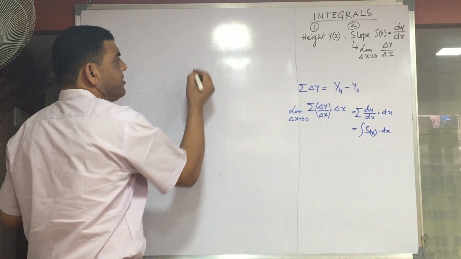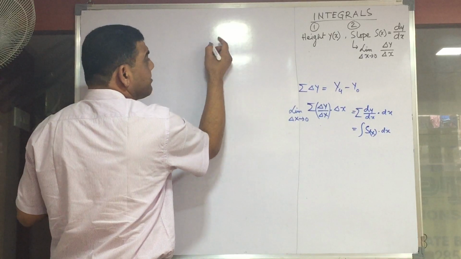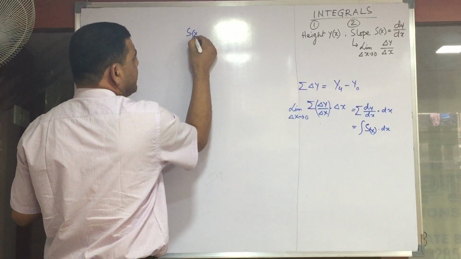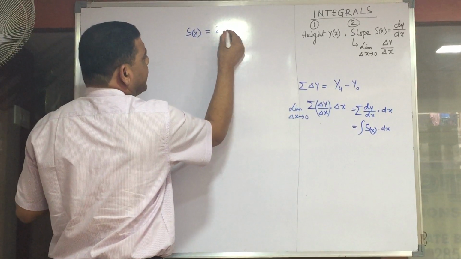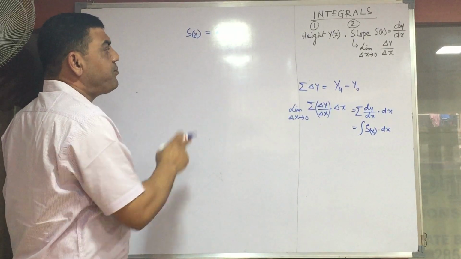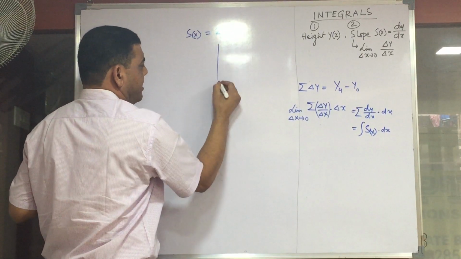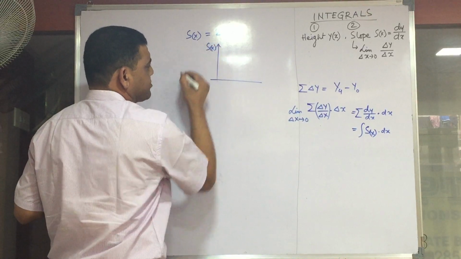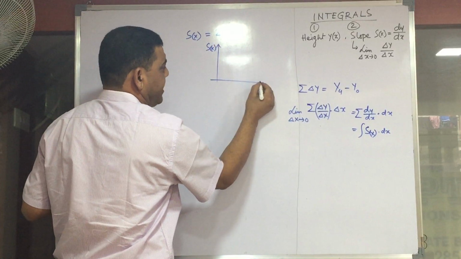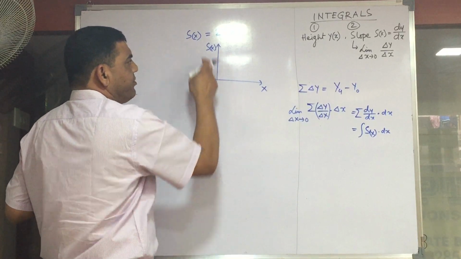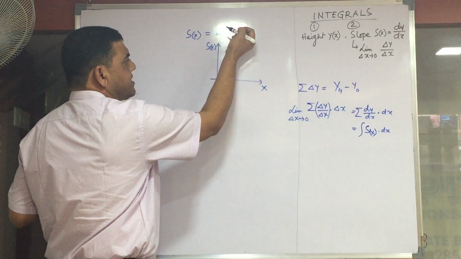Let us take a very simple function. We will take the second function, S(x), as 2 minus 2x. If we plot this on a simple graph, this is S(x), which is the slope, and this is x, for different values of x. We can plot this taking x equal to 0.